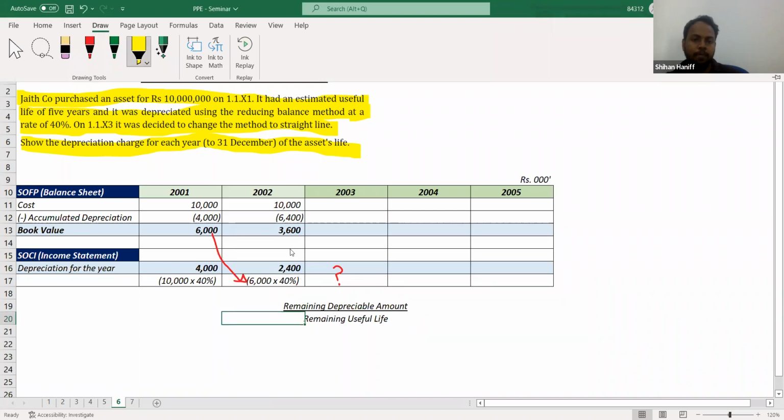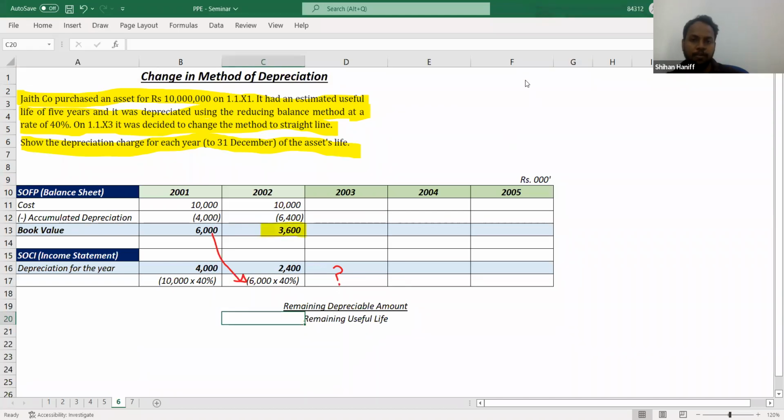Now the remaining depreciable amount is 3,600. Divide by remaining life, which is 3 years.